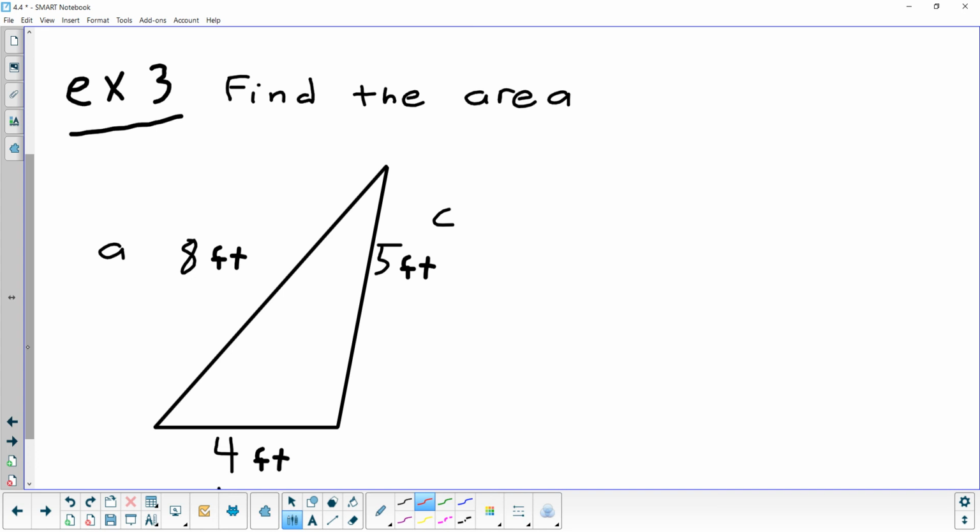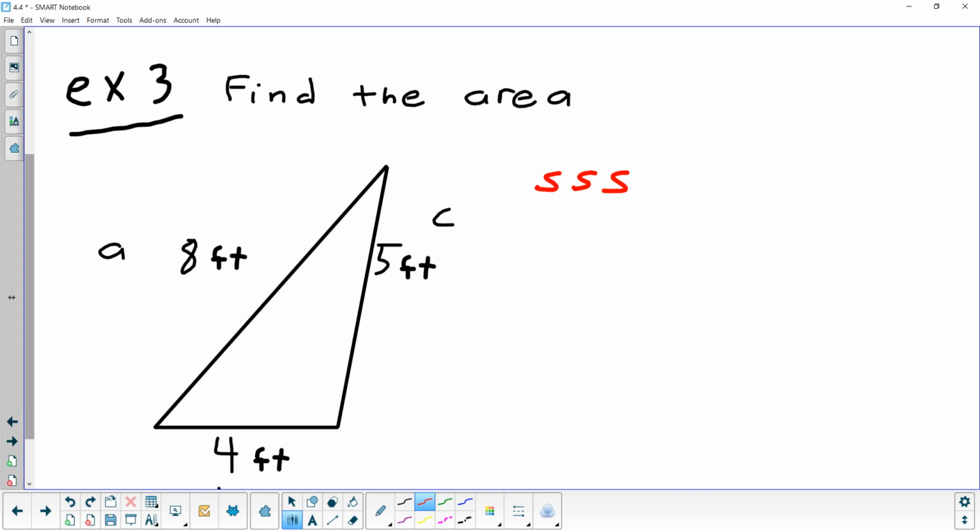Which angle could I give you here and you'd be able to find the area? Yep, any of the angles. Any of them. Doesn't matter, we could find any one of those three angles and then we're all set. This is a side, side, side triangle. Do we have a way to find an angle in a triangle if we know all three sides?